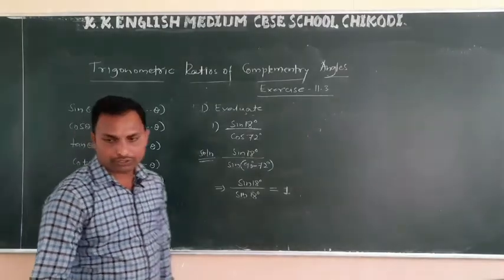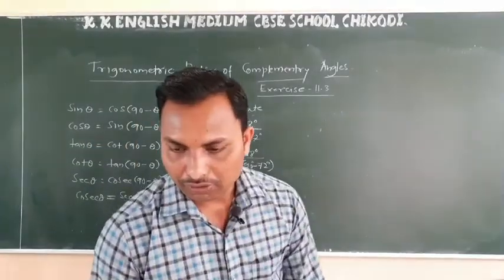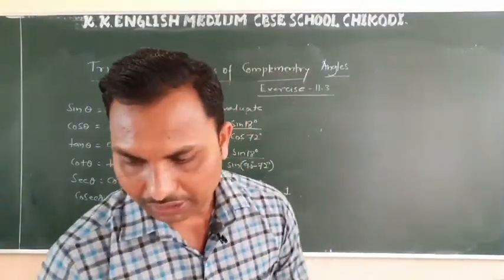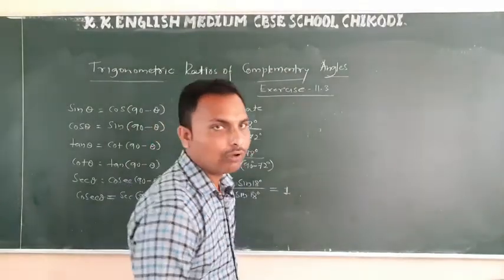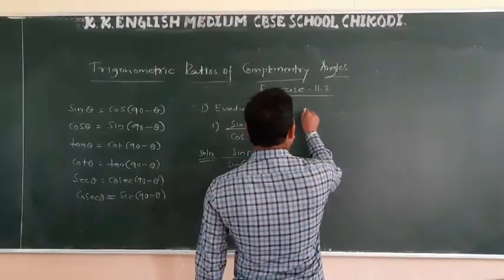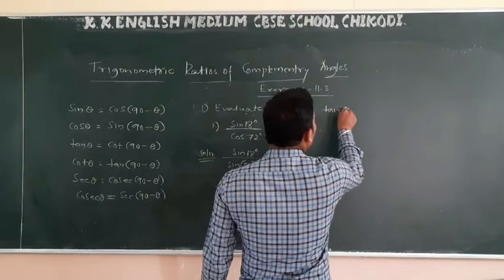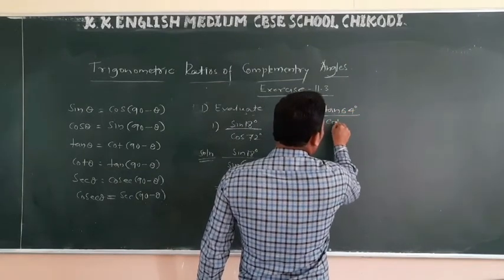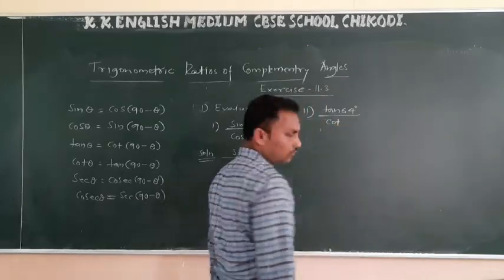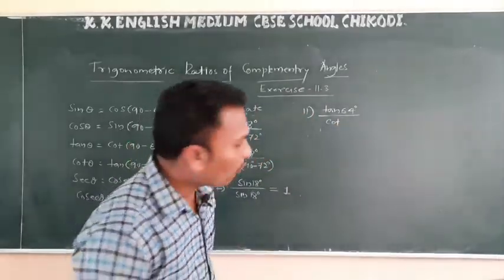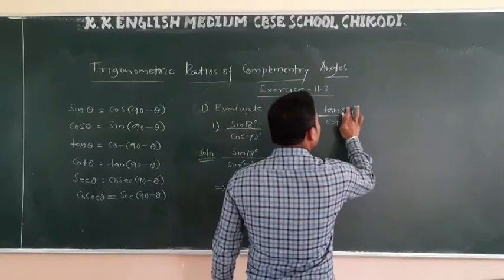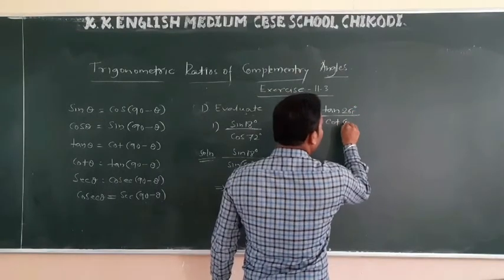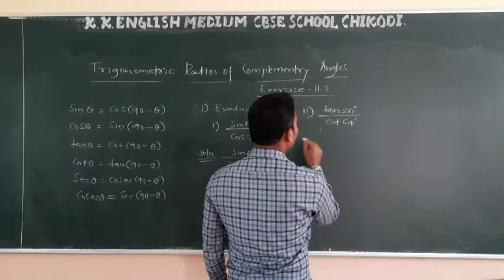I hope you understood. Let me go for the second one, tan of 26 divided by cot of 64. So this is tan of 26 degree and this is cot of 64 degree.